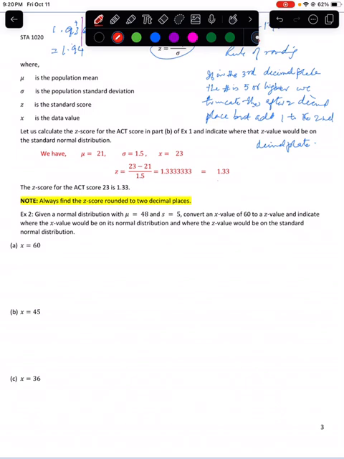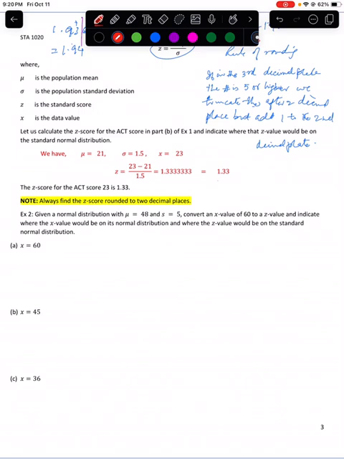Now let us try some examples where we find the z-scores for each given data value, and then show on a bell curve where that z-value lives on the x-axis.